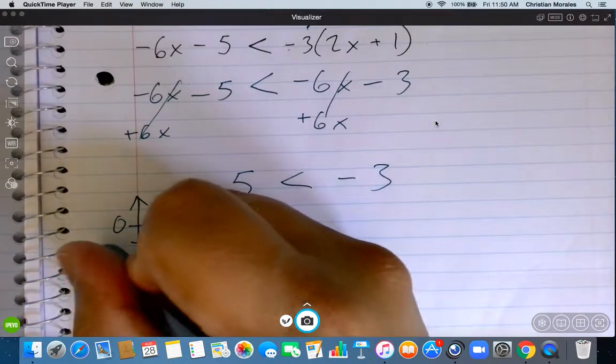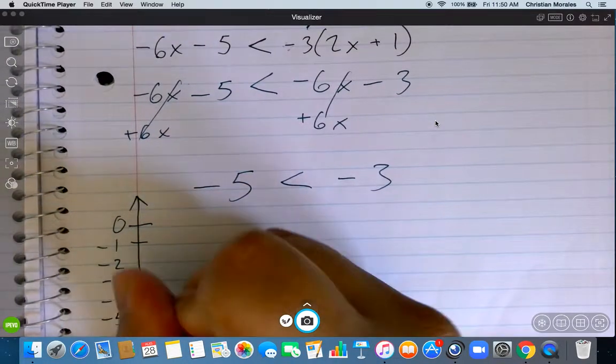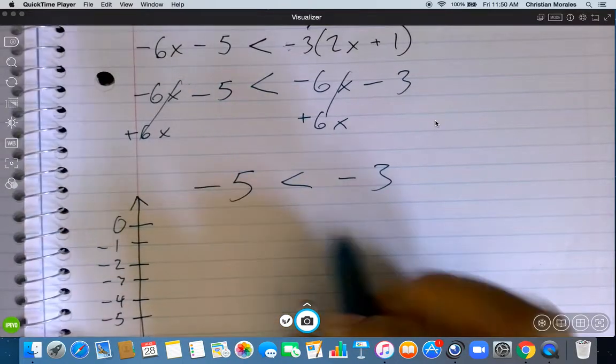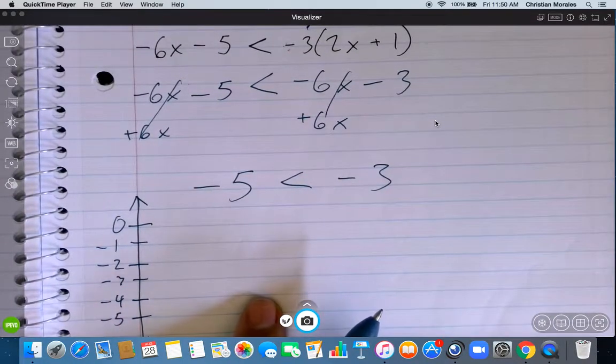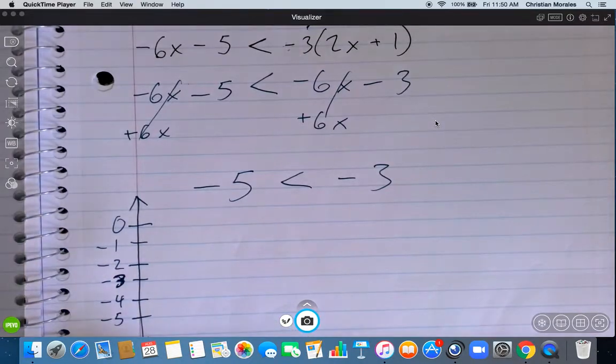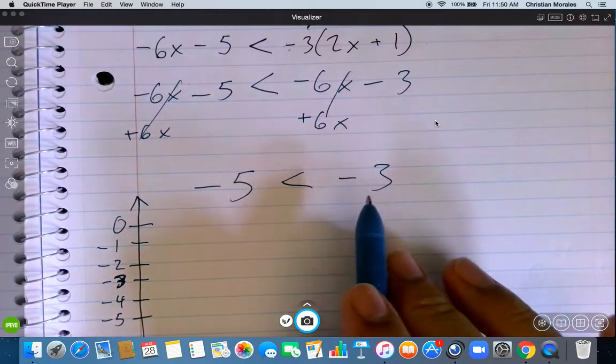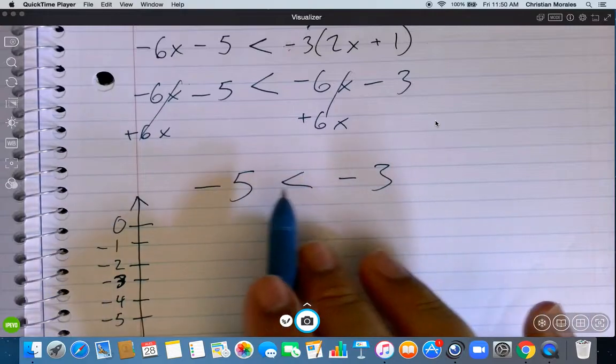0, negative 1, negative 2, negative 3, negative 4, negative 5. Which number is higher? Negative 3. So that would mean that negative 3 is bigger than negative 5, right? This number is higher, so it's bigger than negative 5. What does this say? Negative 3 is greater than negative 5.